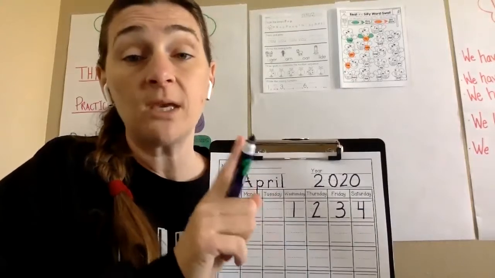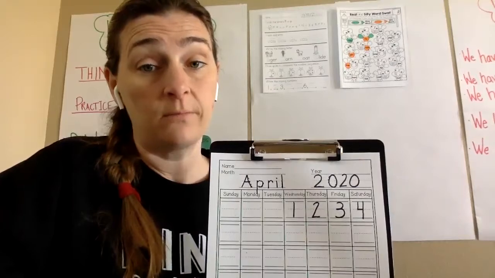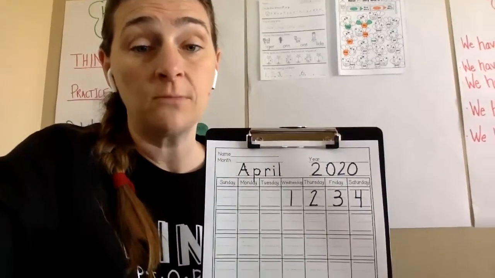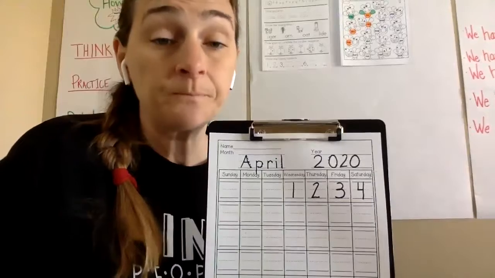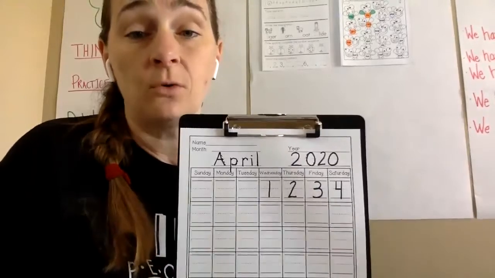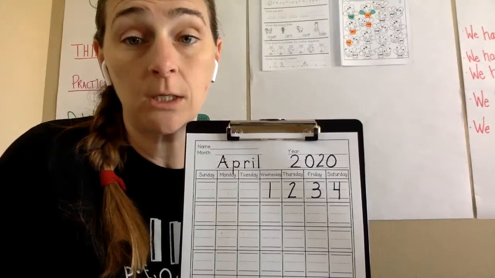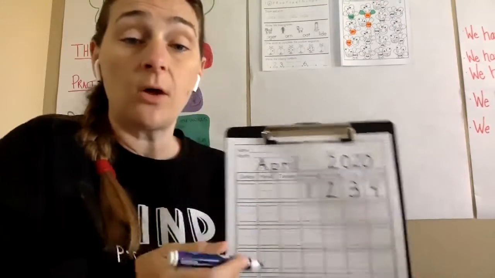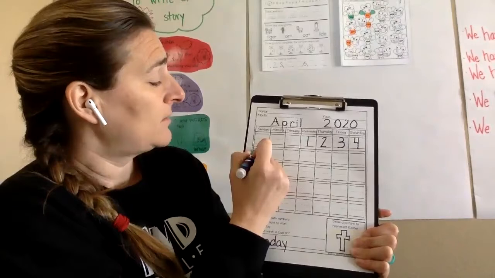We have to make sure we go to the next row down, which is next week. I'm going to move my computer screen a little bit so you can see it better. So after you've written your 1, 2, 3, 4, you're going to go to the next row and write your 5.